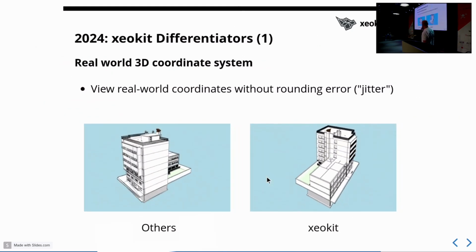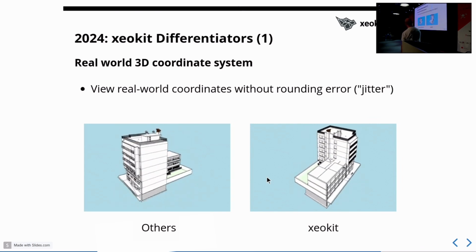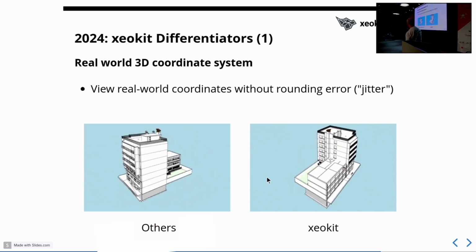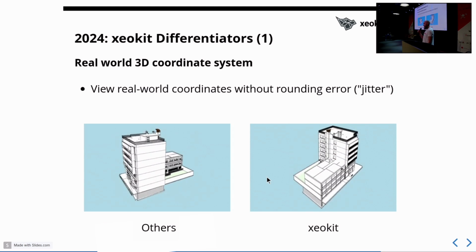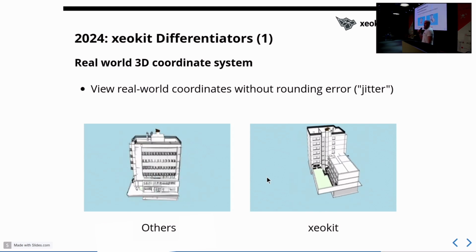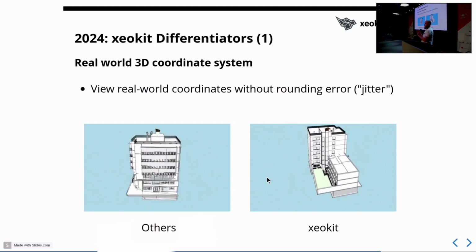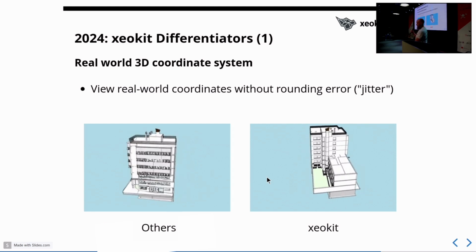So here's the problem with global coordinates on WebGL or in most GPUs, which are, I think, accurate to something like 7 decimal places. And as the numbers get really big, the available values on the floating point scale become more sparse, and so it rounds to the nearest value.